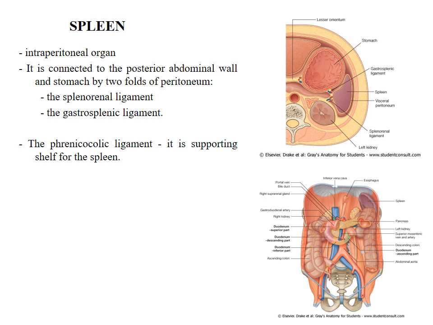A phrenicocolic ligament connects the left colic flexure and diaphragm, and it is the major supporting shelf for the spleen.